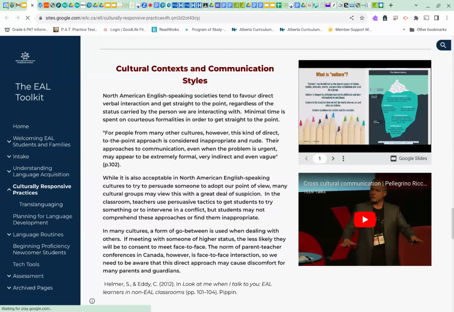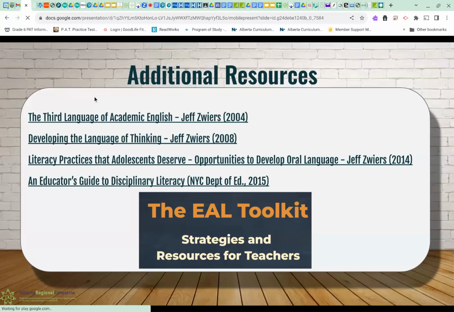Some things to consider: talking in class isn't something that students may be familiar with from the school that they were with previously back home, or maybe they've had interrupted schooling as well. So that could be a little bit difficult for them. So just thinking about some of those cultural aspects that you may need to scaffold a little bit more with your students.